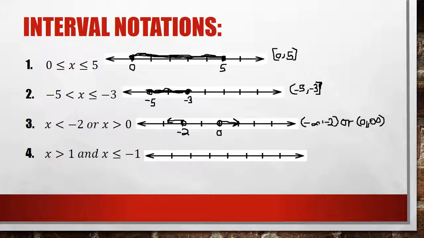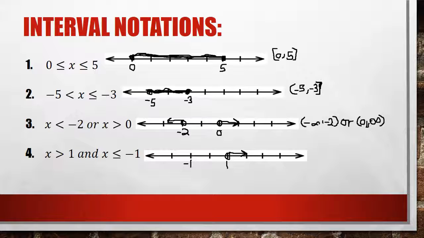Our next example is x is greater than 1 and x is less than or equal to negative 1. So this time I have negative 1 and 1 on the number line, so I'm going to represent negative 1 right here, 1 right here. Let's graph the first inequality. We have x is greater than 1. That means I'm not including 1, but I'm including every single x greater than 1.